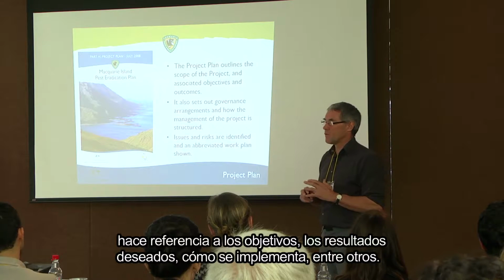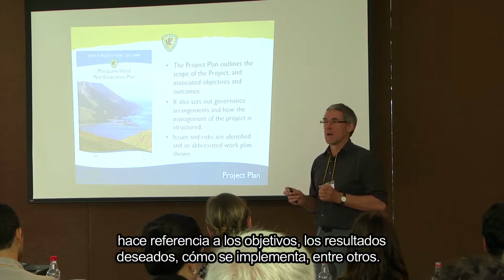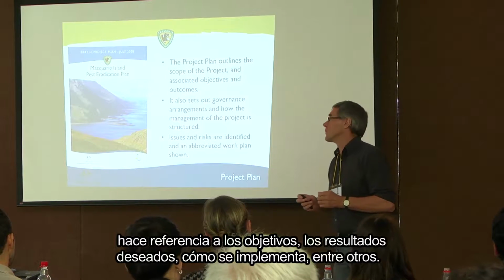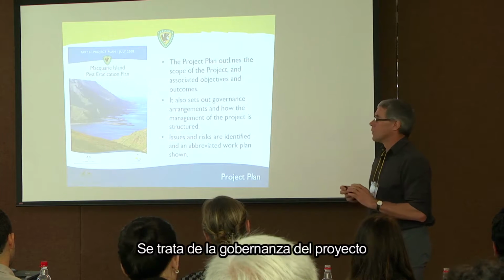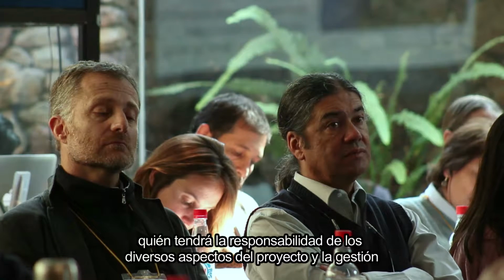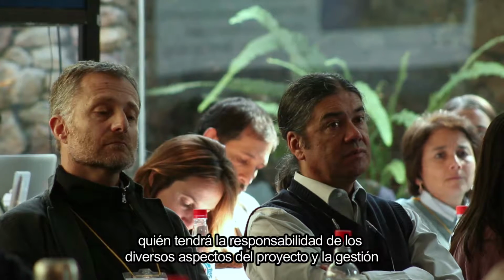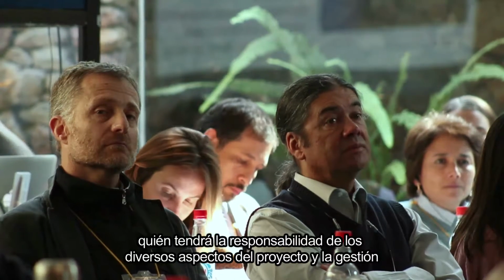It talks about the objectives of the project and what the desired outcomes are from implementing the project. It talks about the governance of the project, how it will be managed, who will be responsible for overseeing various aspects of the project management.